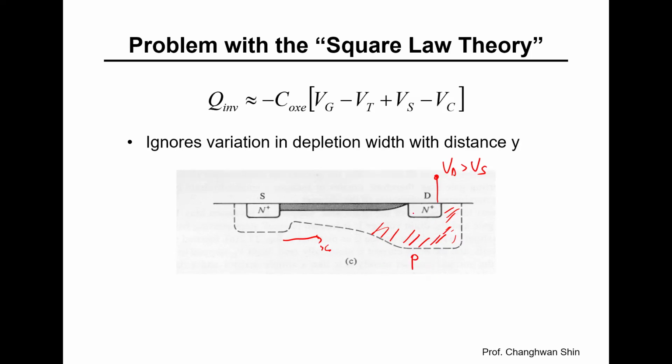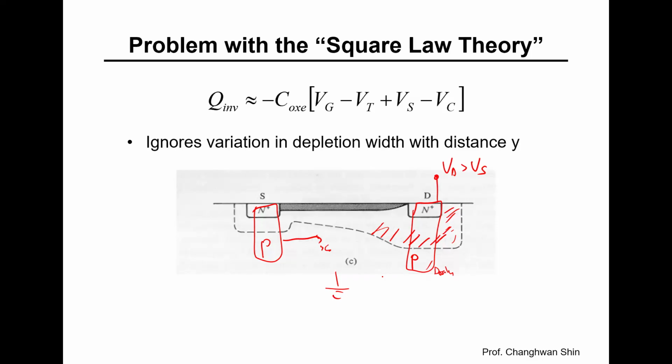Because the substrate is P-type, if you think of this PN junction and another PN junction on the source side, the PN junction on the drain side would be more negatively biased for a given voltage once the substrate is grounded. So the square law theory has ignored the variation in depletion width along the channel.